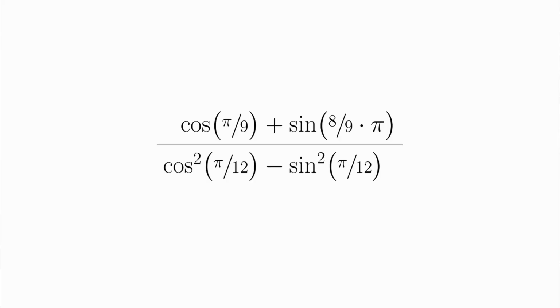This example will be a bit different, so you will learn some new things. Suppose that this time we want to evaluate the following formula. Cosine of pi over 9 plus sine of 8 over 9 pi, and everything is divided by cosine square of pi over 12 minus sine square of pi over 12. So again, let me type the formula.